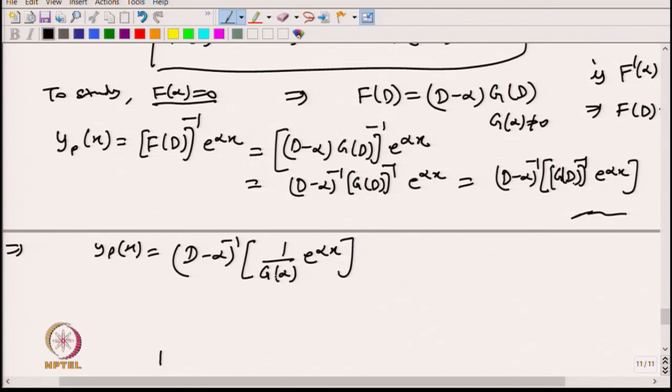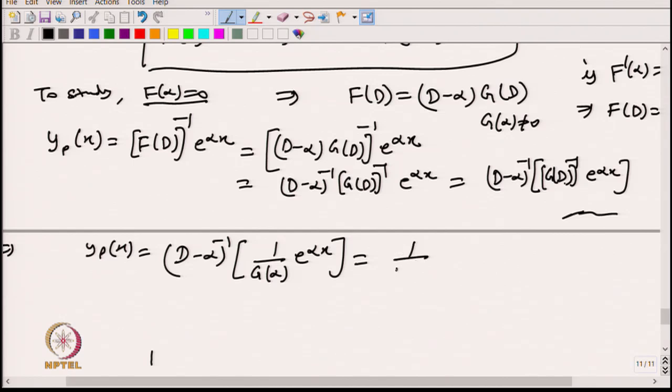And now g of alpha is a scalar, a constant term. So, I can take it out as 1 over g of alpha, and then (D minus alpha) inverse e raised to power alpha x.